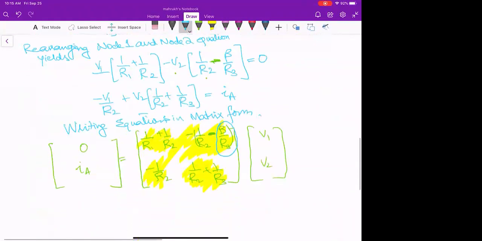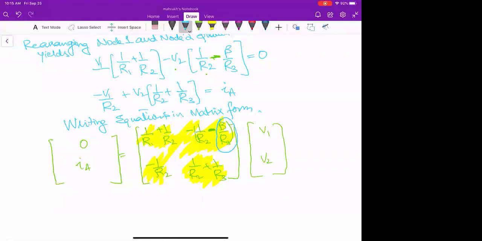But we are seeing here that our symmetry has broken due to the dependent source. So it means that we can write the matrix by looking at the circuit ourselves for the independent current source and the resistors, but we may not be able to write it when there is a dependent source. Okay?